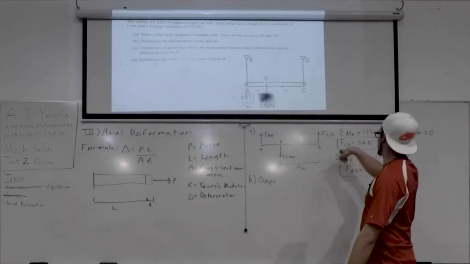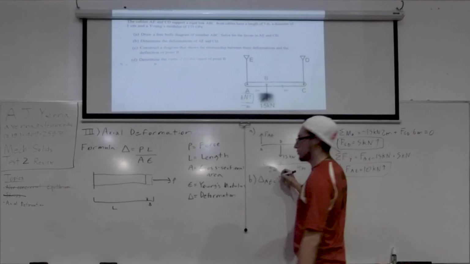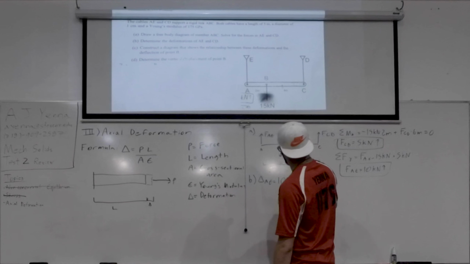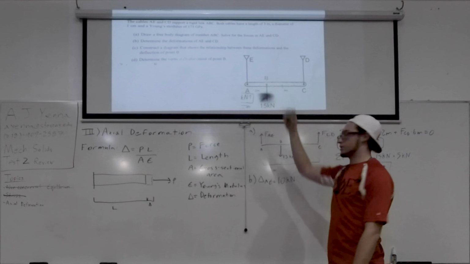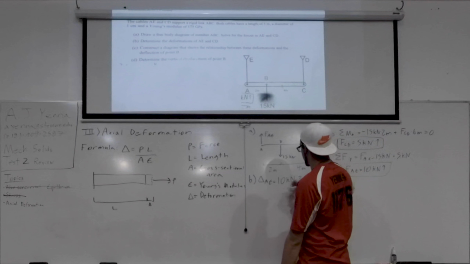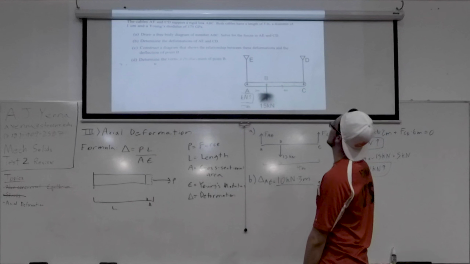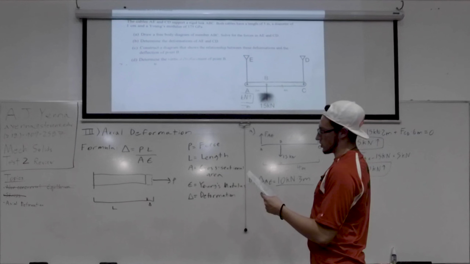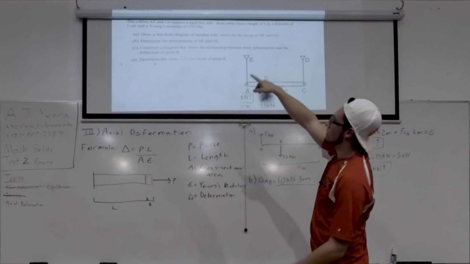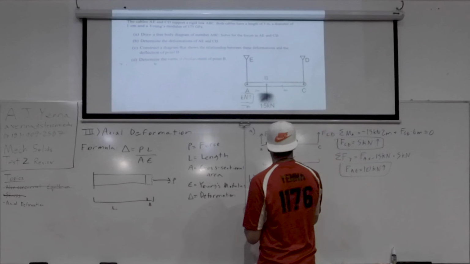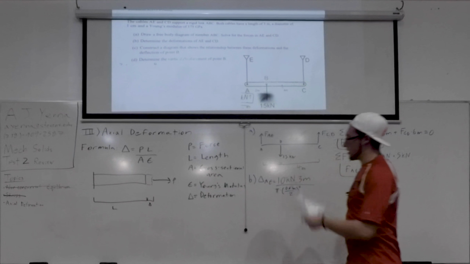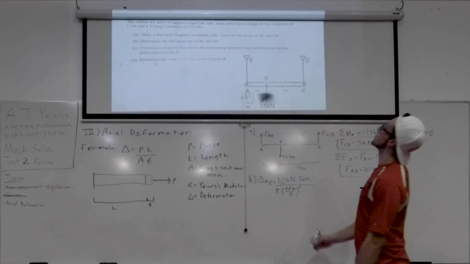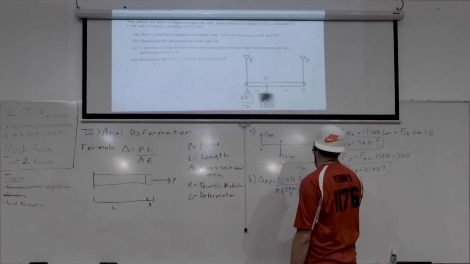The force in AE, which we just found, is 10 kilonewtons, times the length, which for both of the cables is 3 meters, given, divided by the cross-sectional area, which has a diameter of 1 centimeter, so the area is pi times 0.01 meter over 2 squared, pi r squared, times Young's modulus, which was given at 175 gigapascals.